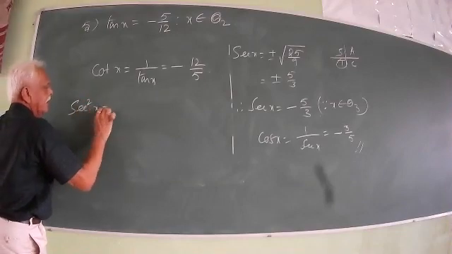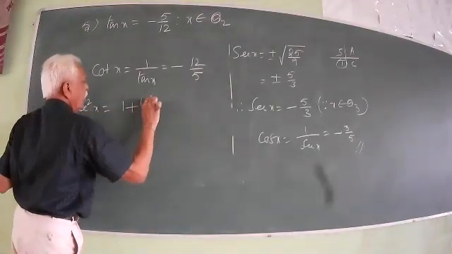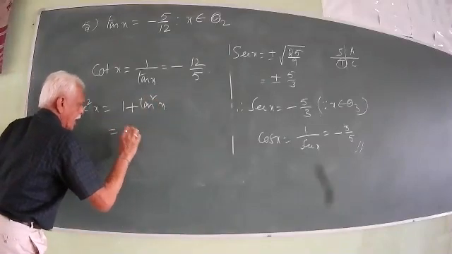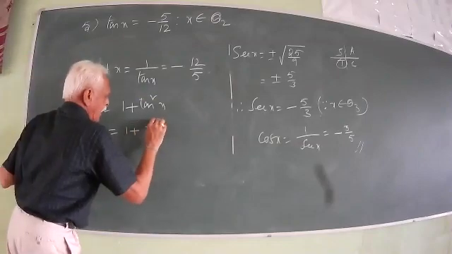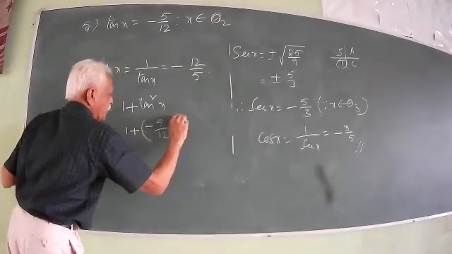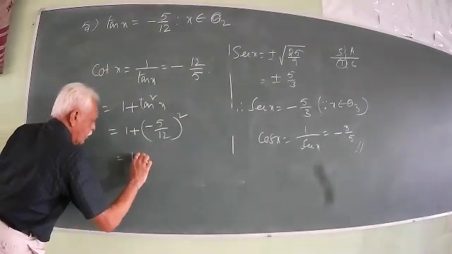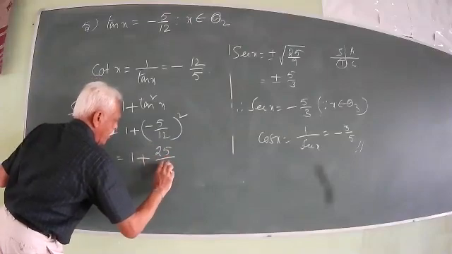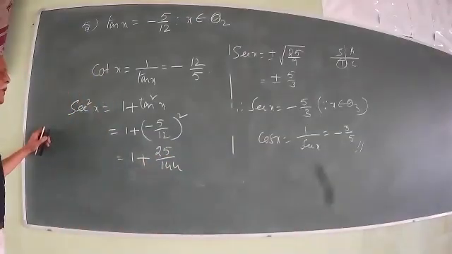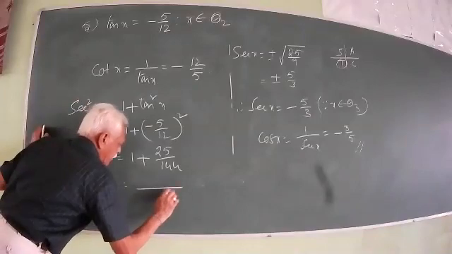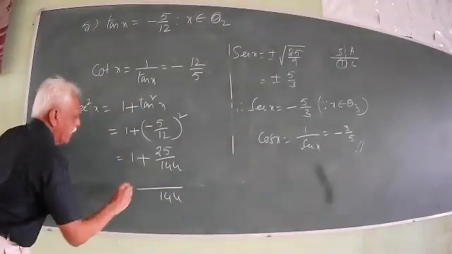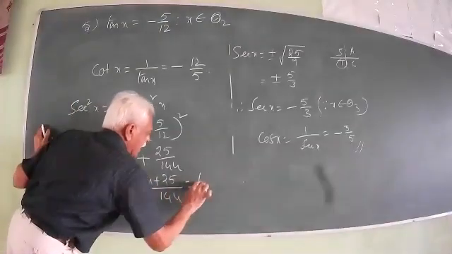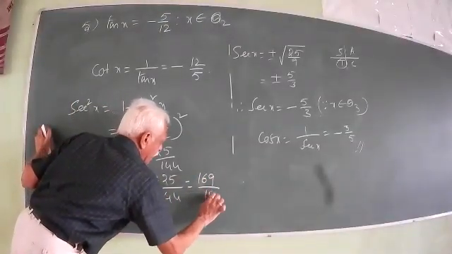Secant square is 1 plus tan square x, which is equal to 1 plus minus 5 by 12 whole square. This is 1 plus 25 by 144, and 144 is the LCM. 144 plus 25 is 169 by 144.